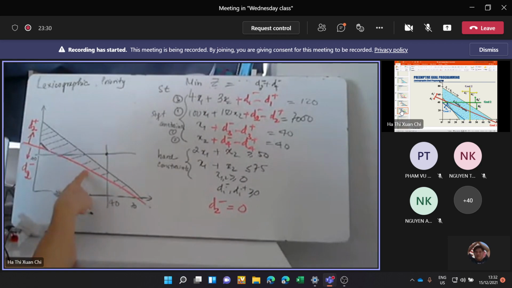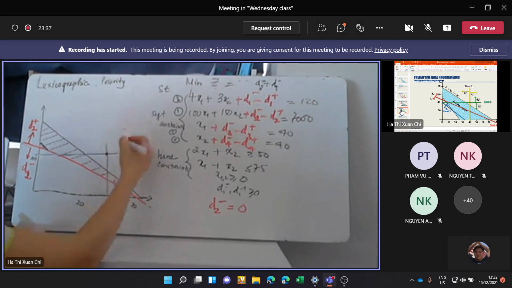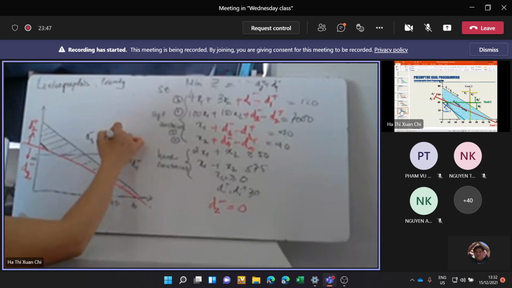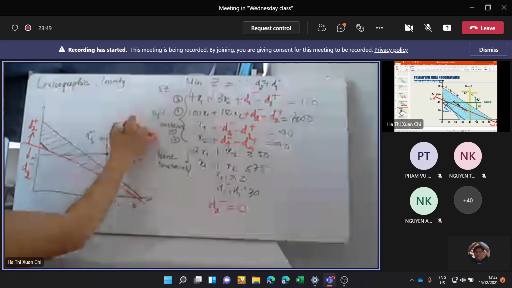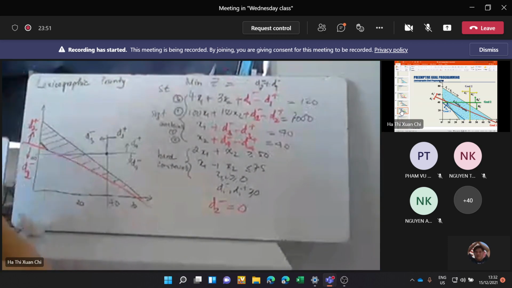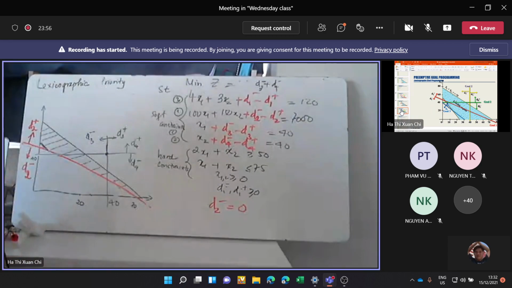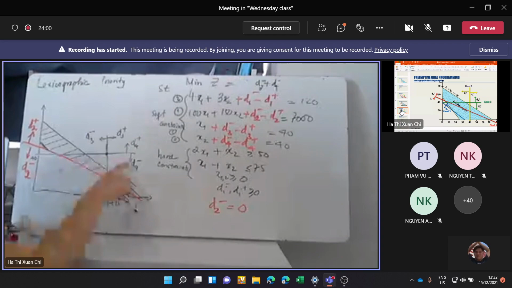So for priority 1, we already achieved it, but for priority 2 here, you see that is D4 plus, here D4 minus, D3 minus, and D3 plus. You can see. So right now we minimize here.